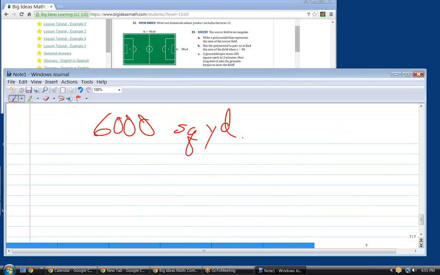And question C says a groundskeeper mows 200 square yards in 3 minutes. How long does it take the groundskeeper to mow the yard?